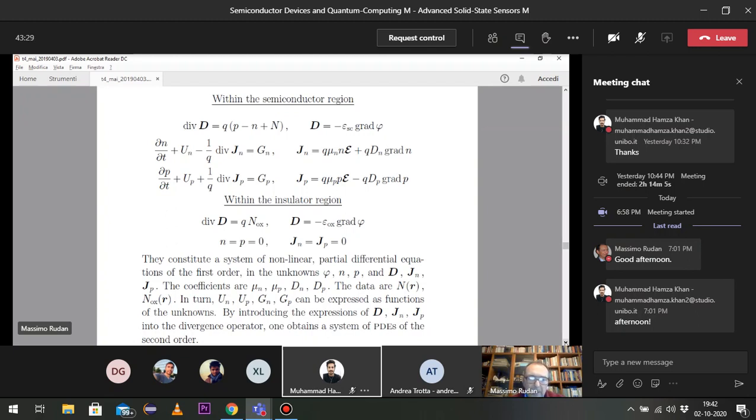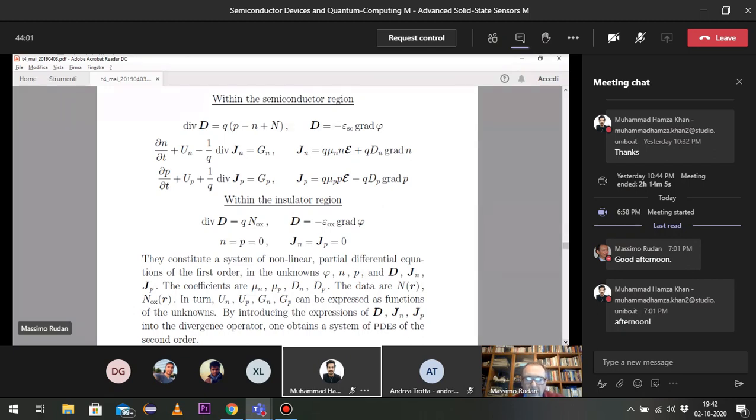We can do the same operation in the second line. We take Jn from the equation on the right and replace it into the divergence of Jn, okay? So you see immediately that, again, we obtain an equation in which the only unknowns are n and phi. But the equation, again, is of the second order, and the same for the third equation.